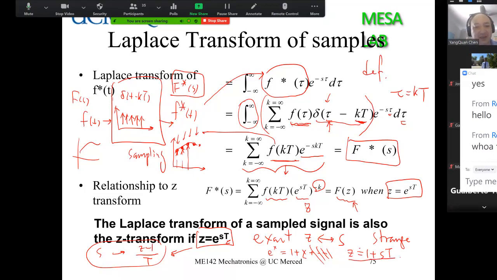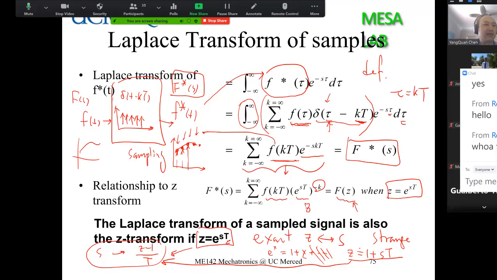And this one will give you this equation, isn't it? So this is just the first order truncation of the Taylor series expansion. Okay, so the dots are being connected. So that's everything we understand regarding the sampling from a Laplace transform point of view.